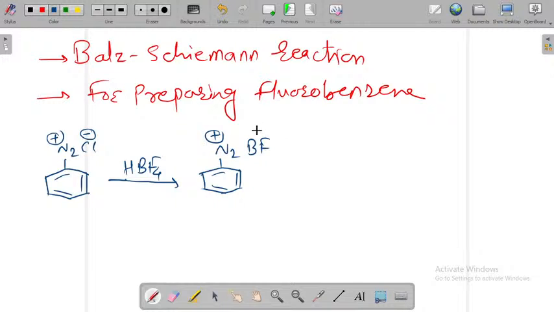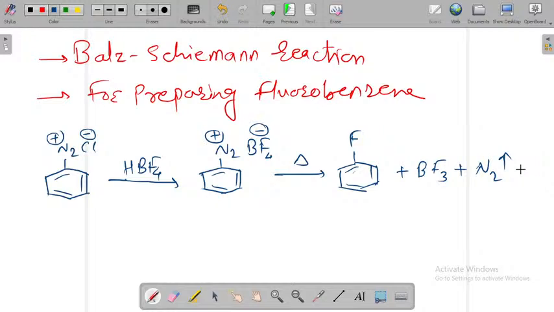This is the fluoroborate, which on further heating, on rearrangement, produces fluorobenzene plus HBF4, plus BF3 and nitrogen. This reaction is called the Balz-Schiemann reaction for preparation of fluorobenzene.